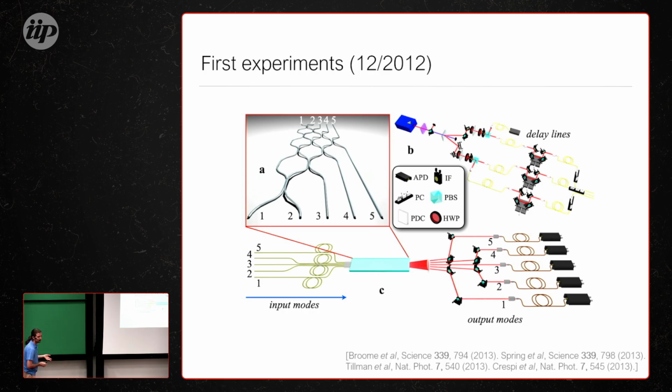Now, is 3 photons hard to simulate on a classical computer? Of course not. 3 photons is trivial. But these were the first proof of principle experiments. And at the time, what people noticed was that if you got to the point where you're doing experiments with 50 photons, then you would be getting into the regime of something actually being hard for a classical computer.